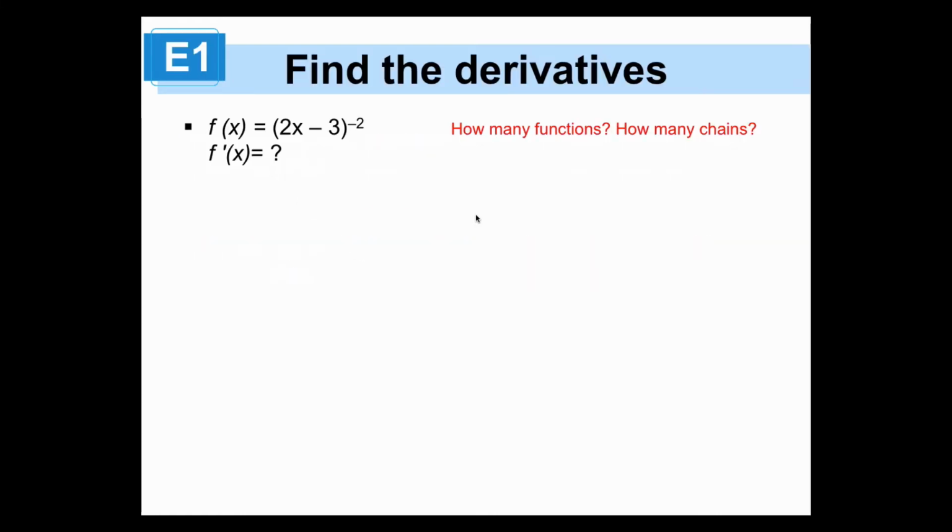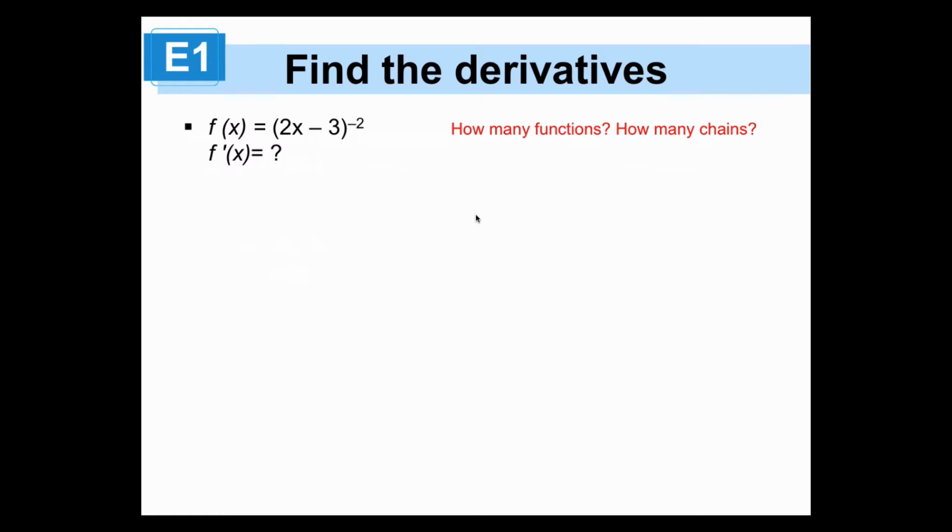So let's look at this one. How many functions make up f of x there? Two. What are they? You said 2x minus 3 and then 1 over x squared, or raising to the negative 2 function, right?